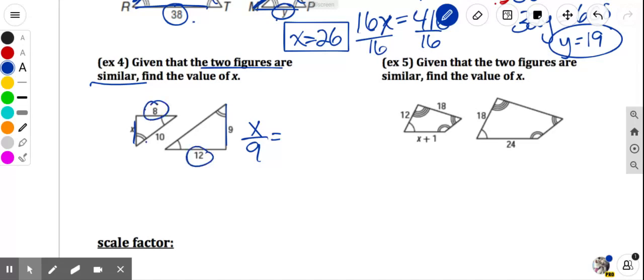It's actually 8 that matches with 12, so it's going to be 8 over 12, like so. Again, we're going to cross multiply, so 12 times x, 8 times 9, and then you set those products equal to each other. So it's going to be 12x equals 72, divide by 12, so x is 6.